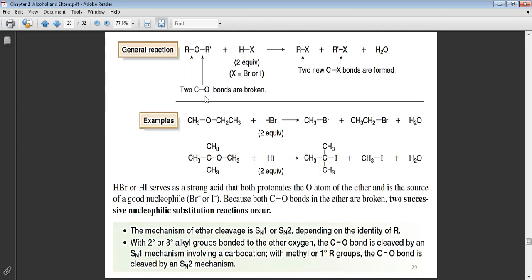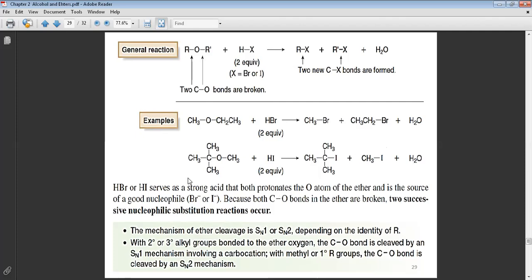Look at this example: CH3OCH2CH3 with 2 equivalents of HBr. The Br with the CH3 gives methyl bromide, and the Br with the ethyl gives ethyl bromide, or bromoethane, plus H2O. Take this compound with HI: this group is removed with the I, and this one is removed with the I, and the oxygen with 2 hydrogen atoms becomes an H2O molecule.